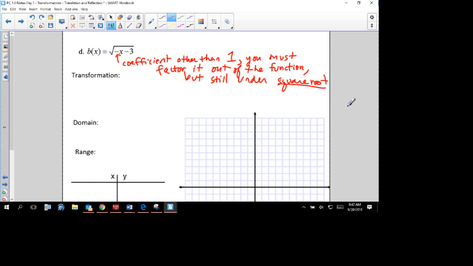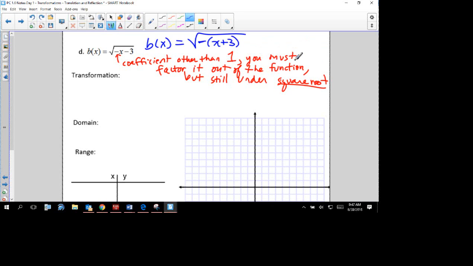You guys remember factoring, right? You did it a little bit last year. So when you have a GCF, this is like GCF factoring. What would this be that I'm taking out? It'll be a -1. So I'm going to rewrite this one as square root of -1 times (x + 3).